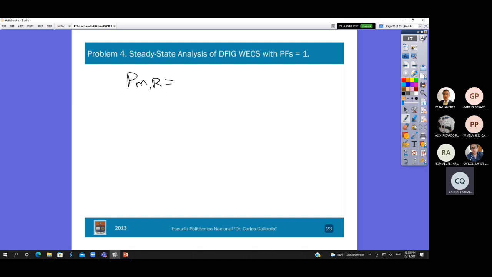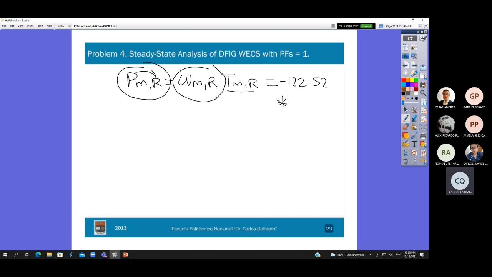This is equal to the rated speed times the rated mechanical torque. From the previous calculation, we know this value in radians per second is equal to 122.52 times the rated torque.